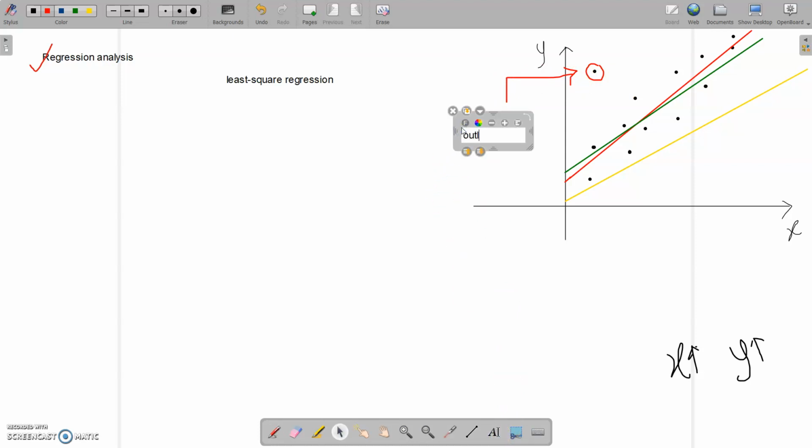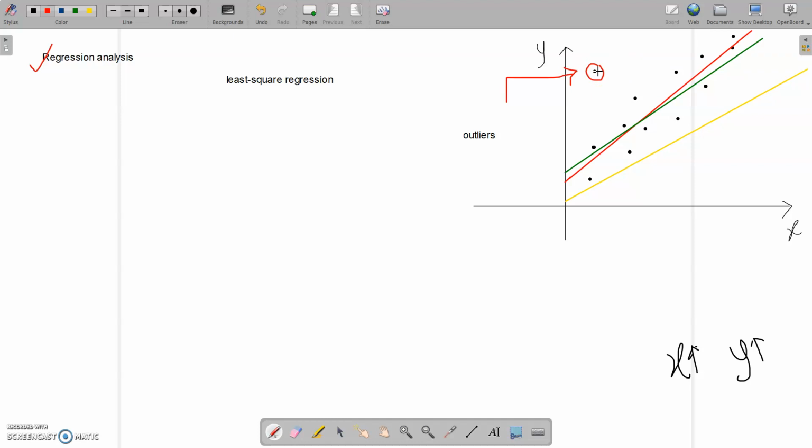Okay, outliers. There are different methods to get rid of the outliers, because as you can see from the data, this should not be here. But in the real world the data is very messy, so some outliers always come in the data. So you have to take care of the data, you have to remove the outlier or do something about it.